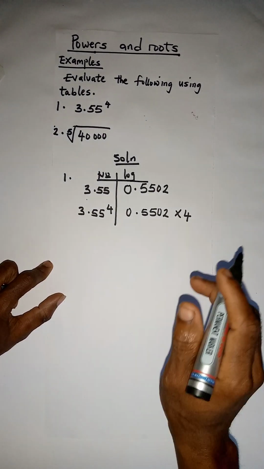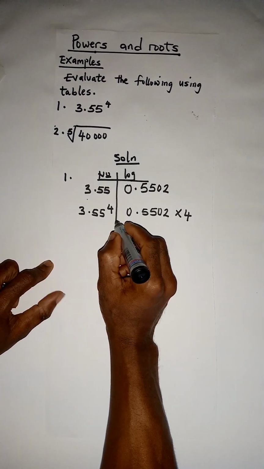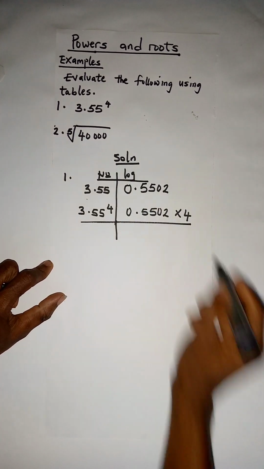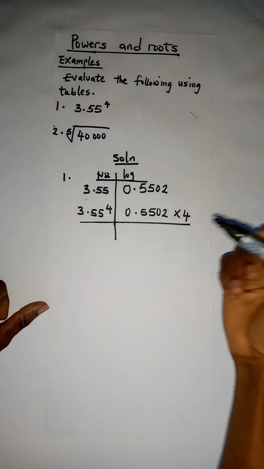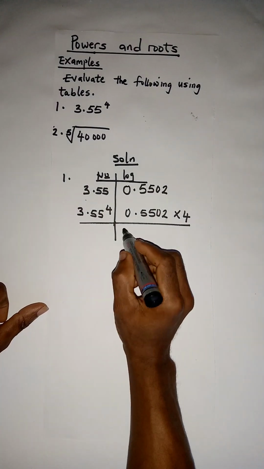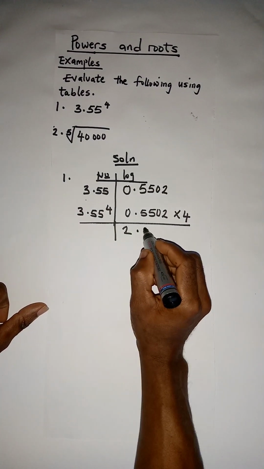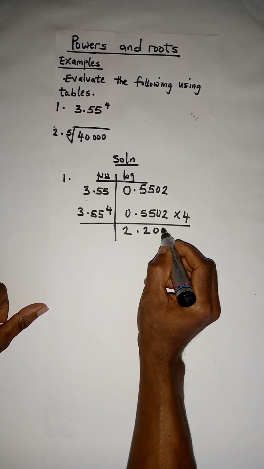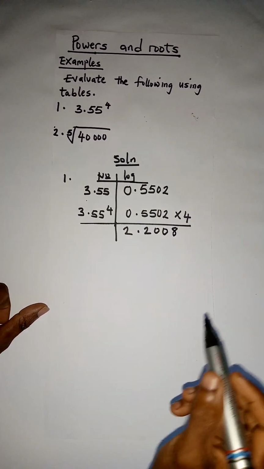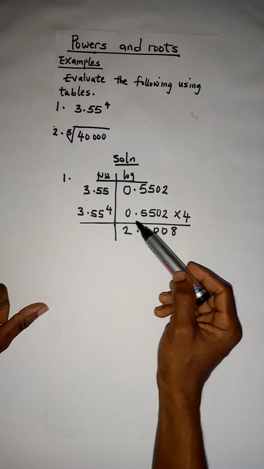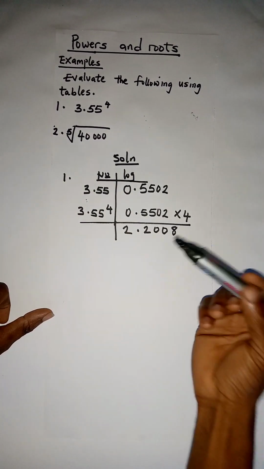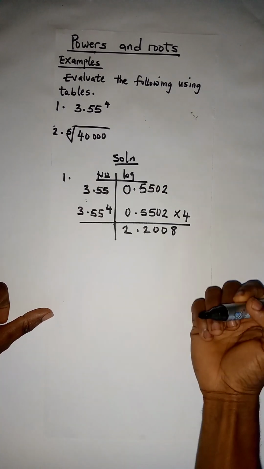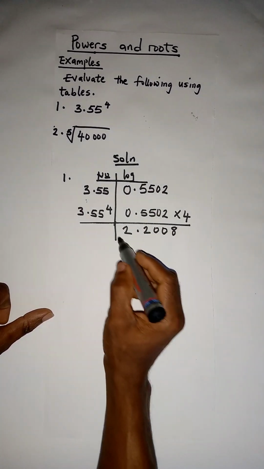When that is multiplied, we're going to have 2.2008. So when you multiply the logarithm of 3.55 by 4, you're going to have 2.2008. Then the next step, we look for the anti-logarithm.